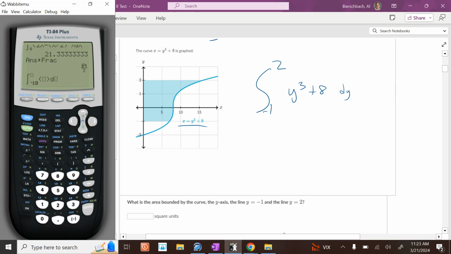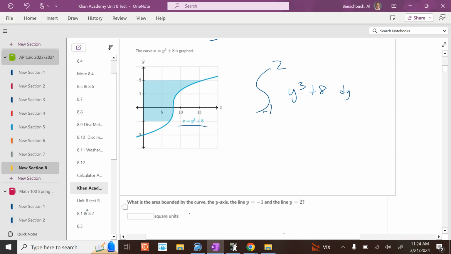So negative 1 up to 2 of y cubed plus 8 dy. And 27.75.